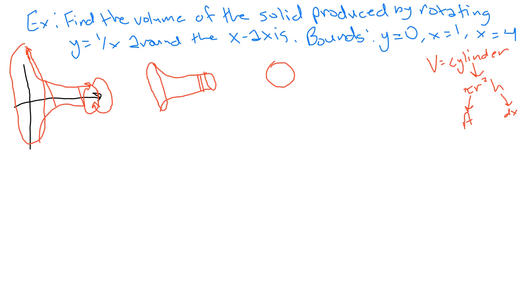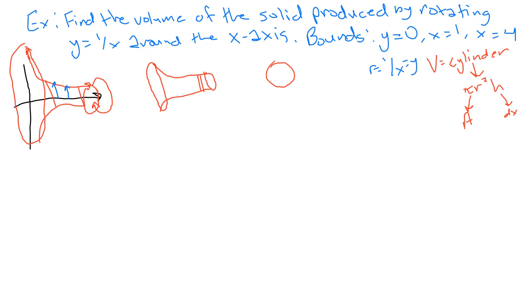Now that we have this idea, if we have a cylinder, so this piece rotating around our x-axis, let's figure out what our radius is. Our radius is going to be the distance from our axis of rotation, in this case our x-axis, in the perpendicular direction. We can go up at any point, and we can see that it's always going to hit that 1 over x. So r is equal to y, which is 1 over x.